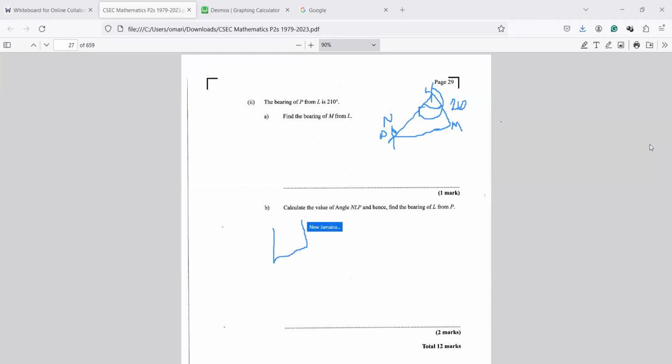So first we need to find, let me change the color if I can or not. I don't think I can change the color. So they're asking us to find firstly this angle here. Once you find that angle, you'll be able to find the other angle that they're actually asking you for.